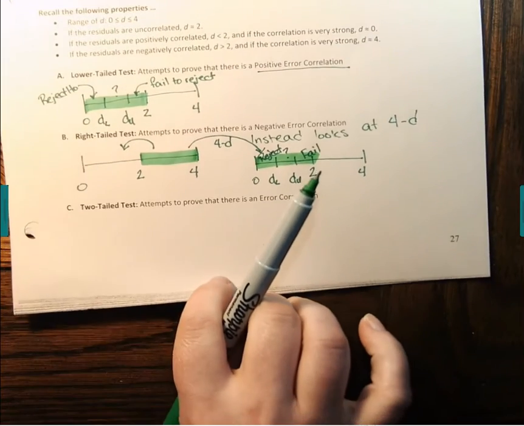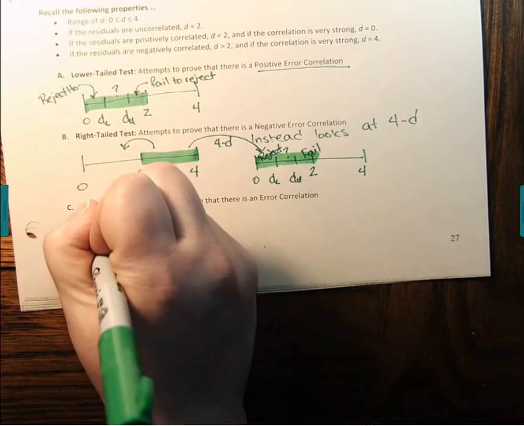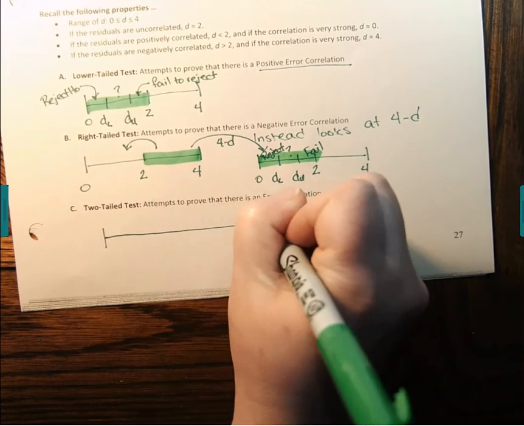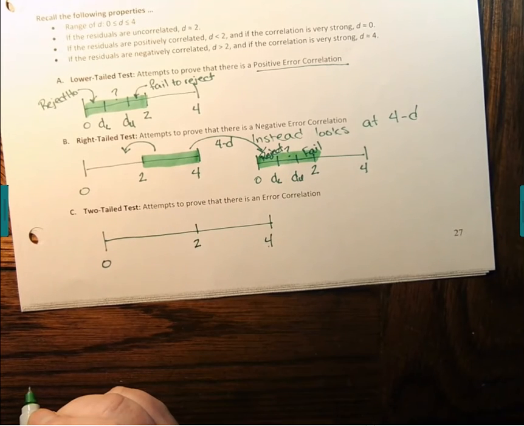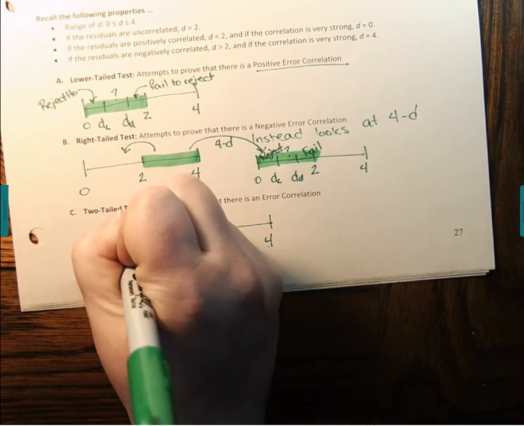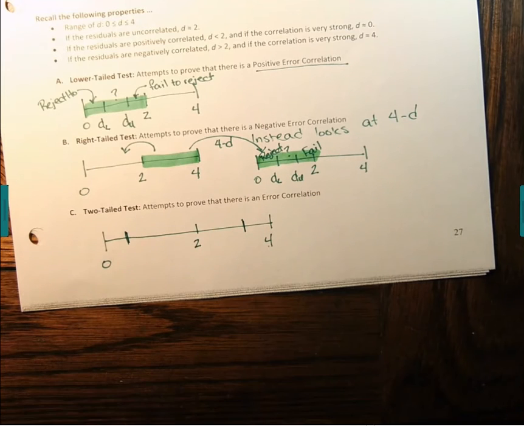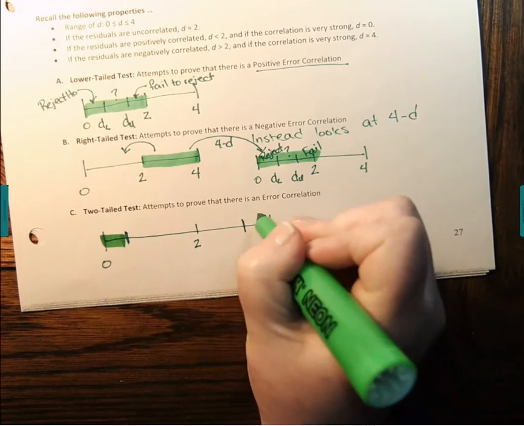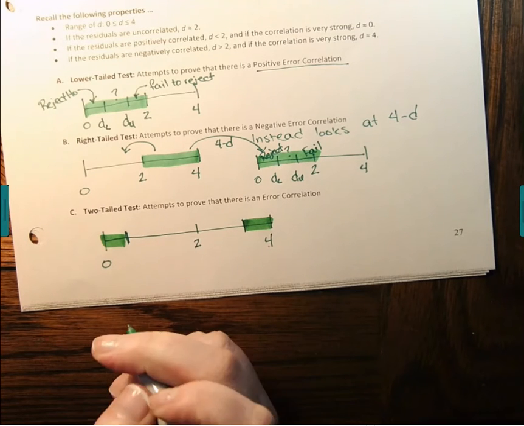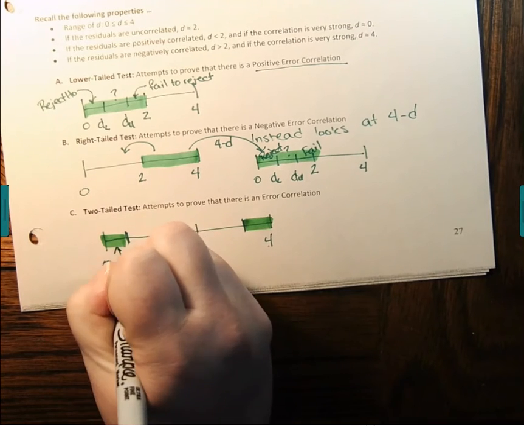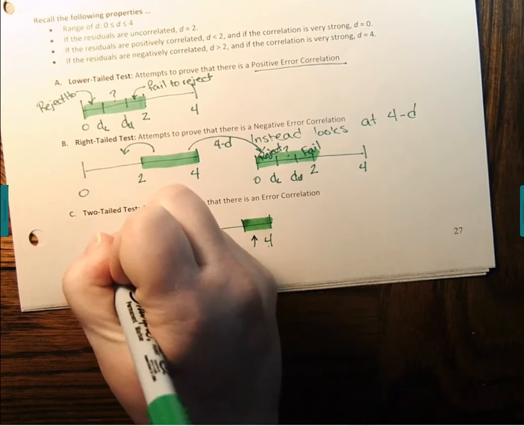And then the two-tailed test, again, if we draw our number line, we've got 4, 2, and 0. What it does is it looks at equal distance from 0 and from 4, and creates the bounds this way. If you fall into either of these regions, you're going to reject.